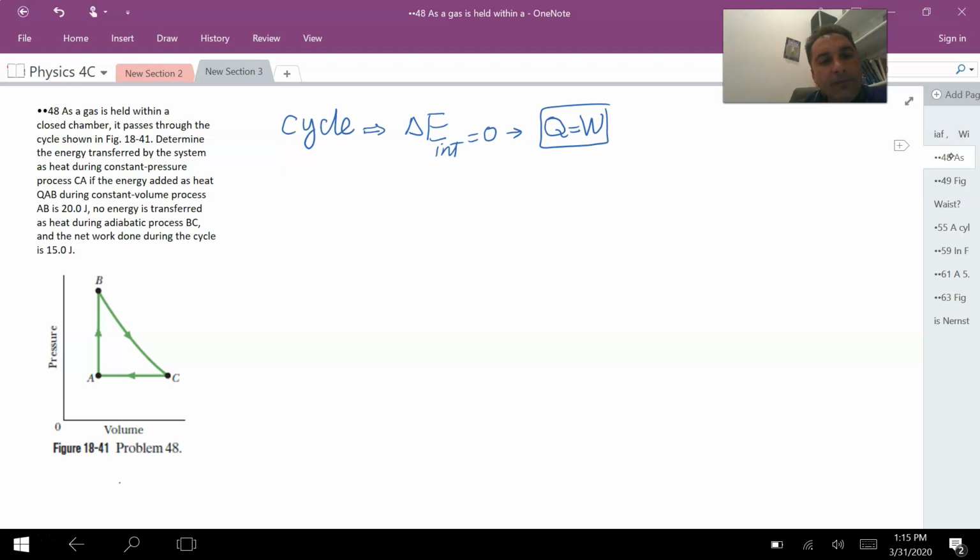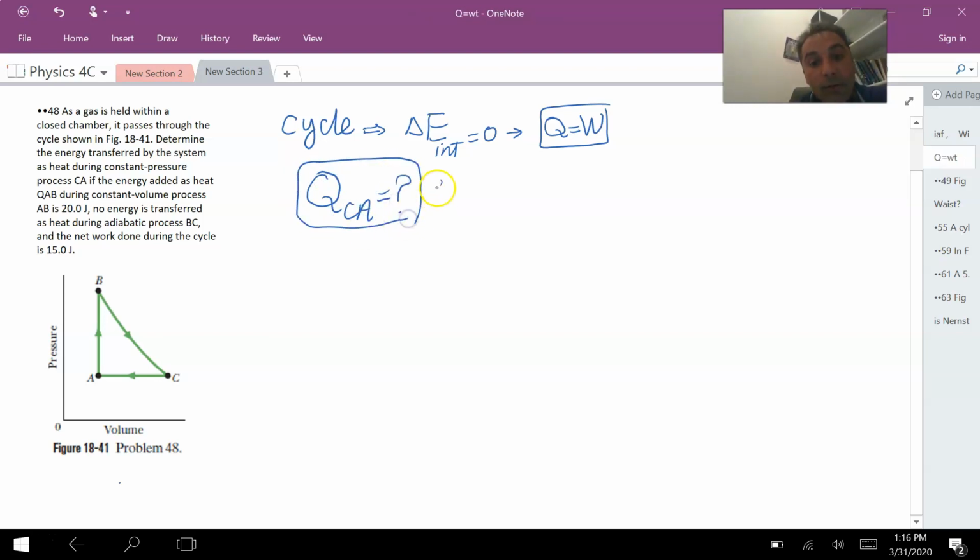So they want us to determine the energy transferred as heat. So we have to find the energy transferred as heat during process CA. So they want me to find Q in the path of CA.